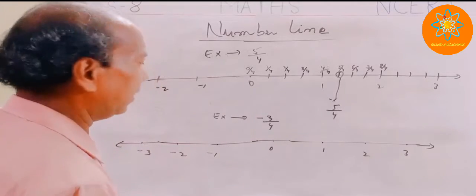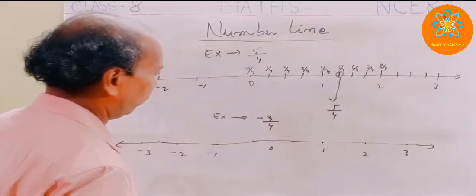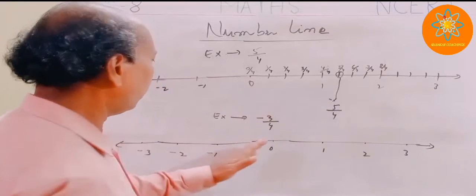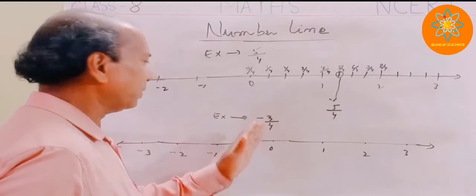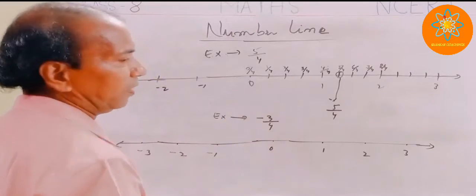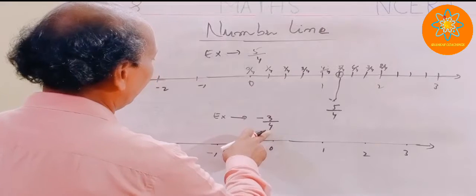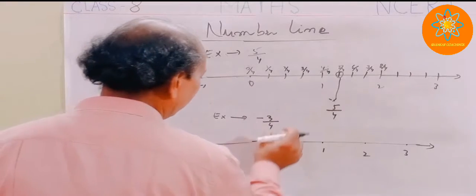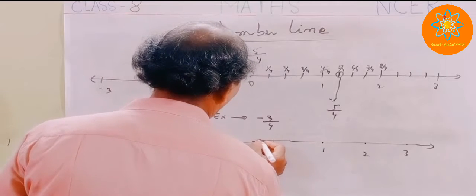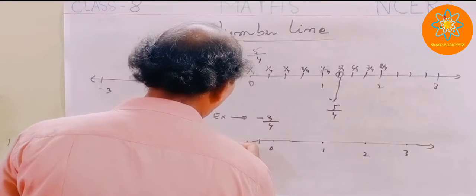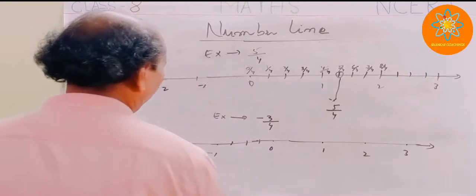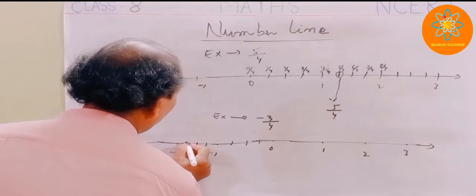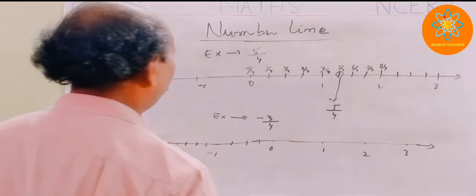Now I want to represent minus 3 by 4. So this is the negative one, so we will represent this on the left hand side. 4 is here, so again we will divide every interval into 4 equal parts. 1, 2, 3, 4. Here also 1, 2, 3, 4, like this.